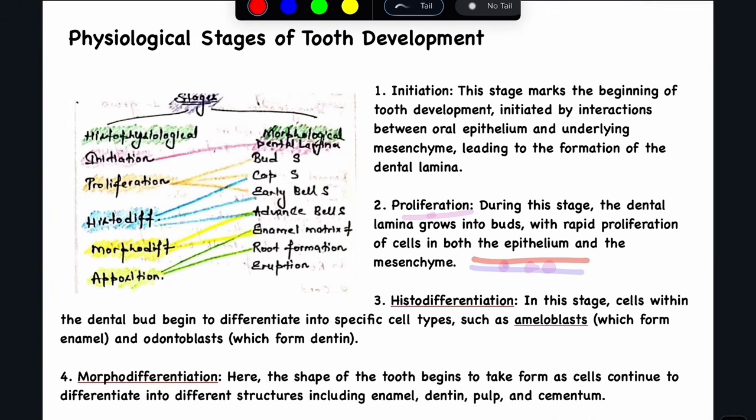And apposition is the final stage, where the dentine and cementum and everything is laid down. This takes place in the enamel matrix formation and in the root formation. In the root formation, the dentine and cementum is also being formed. So this stage is present throughout these two morphological stages. You have to just understand which physiological stage is going on during which morphological stage. This is the whole point of this topic.